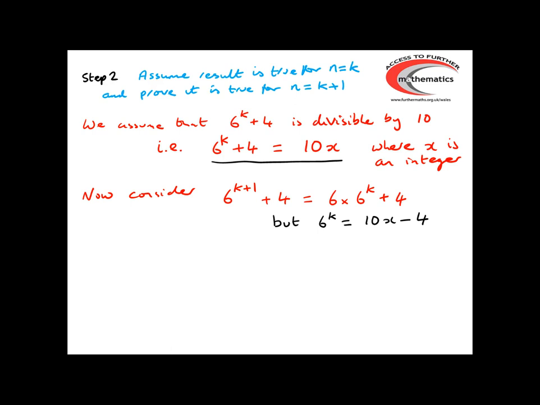We were assuming that 6 to the k plus 4 was equal to 10 times x, where x is a whole number. We can rearrange that expression here to rewrite 6 to the k as 10x minus 4.